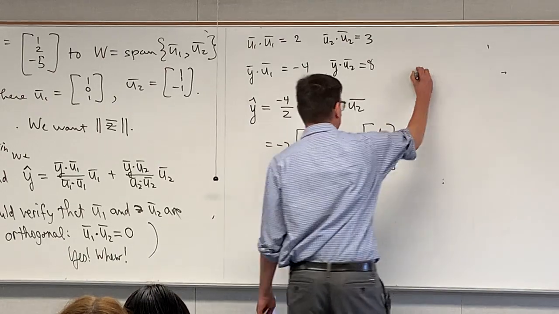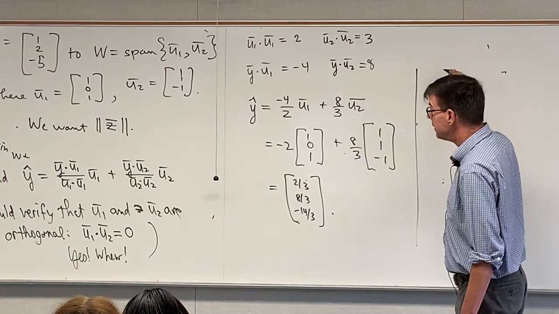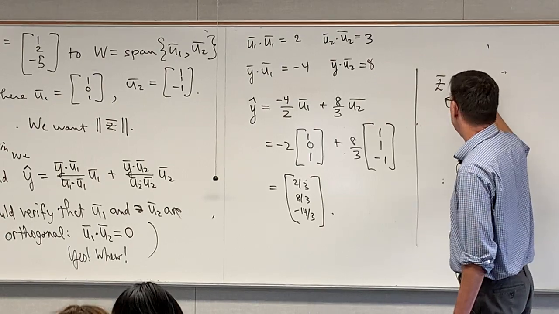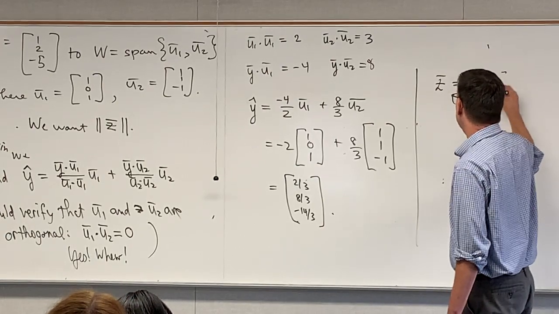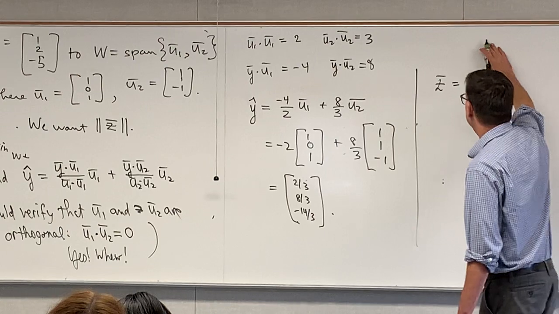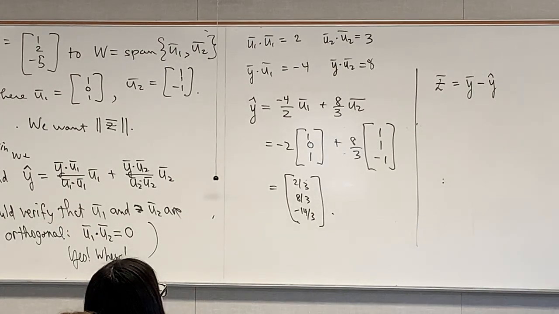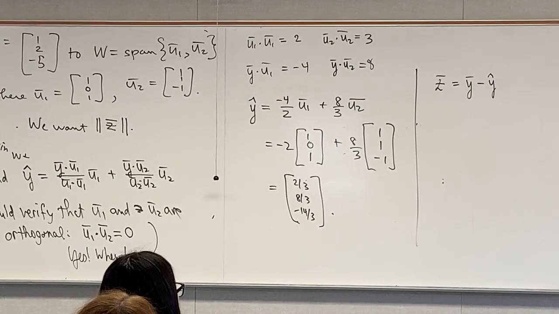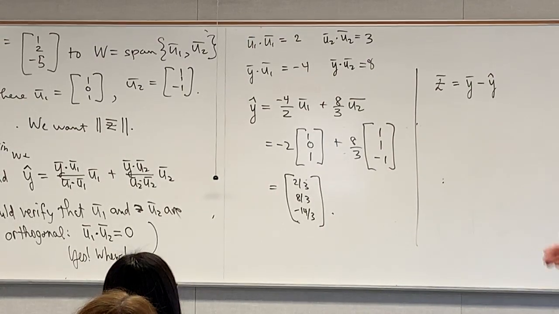All right. Now we need z. z is equal to y minus the y hat. So we subtract y minus the vector we just found to get z. So we're going from y hat, which sits in W, to z, which is a vector that's perpendicular, orthogonal. I don't know. I always say perpendicular. Yeah? Question? No? We're good?